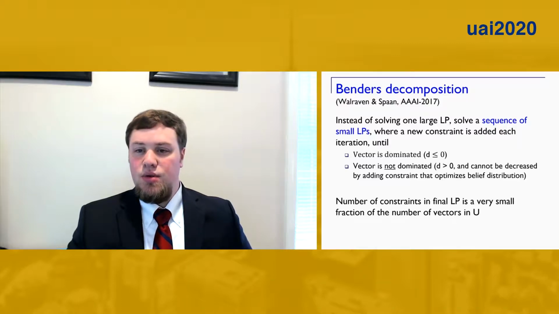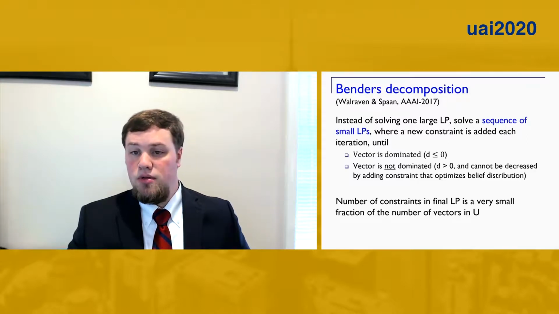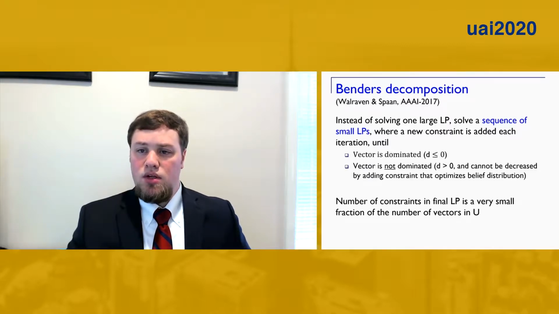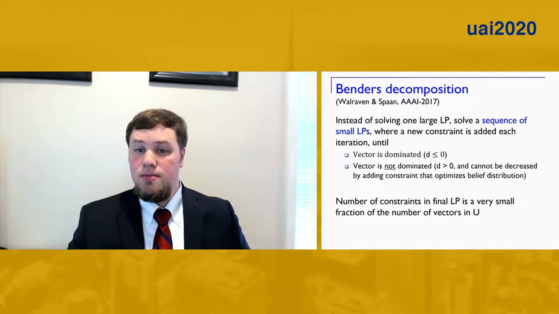This technique solves a sequence of small linear programs where a new constraint is added each iteration until either the vector is shown to be dominated by the linear program returning a non-positive d-value, or the vector is shown to be not dominated by the linear program returning a positive d-value, and where d cannot be further decreased by adding another constraint that optimizes the belief distribution. The result of applying this technique is that each linear program has only a small fraction of the constraints it would normally have using the original technique.